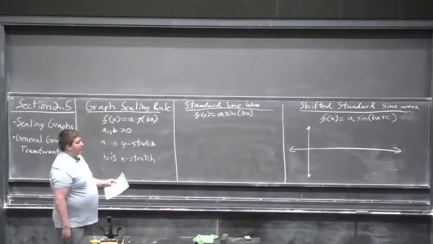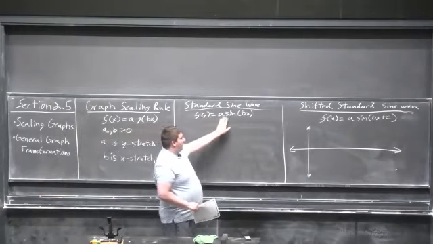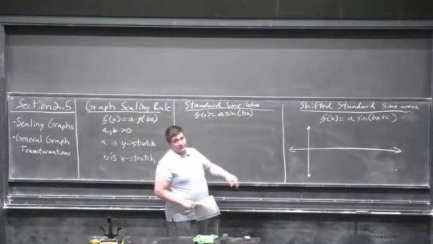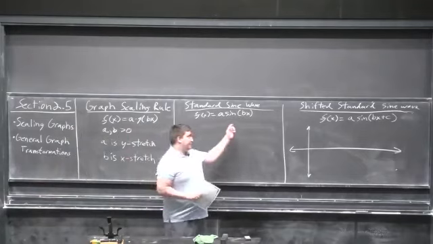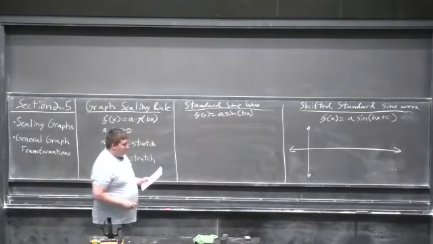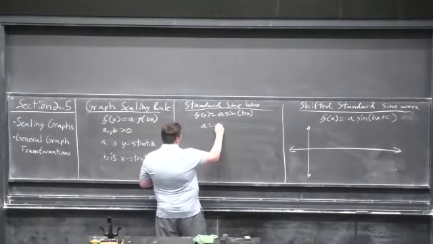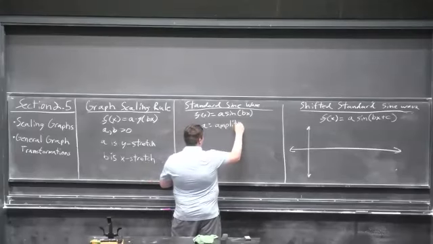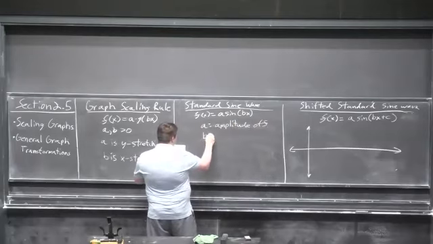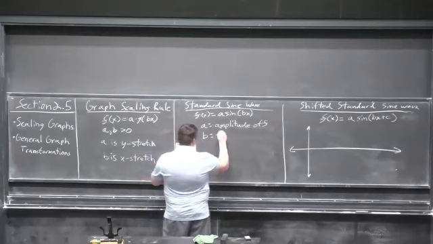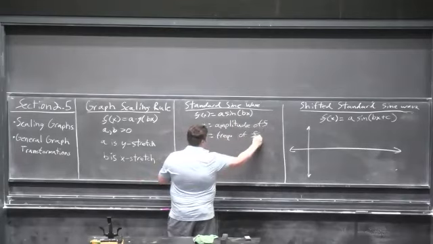So how does this reflect in a standard sine wave? Well, a standard sine wave is f of x equaling a times sine of bx. So in other words, our g function here we're defining as sine. Okay, well, we're going to define a as the amplitude of f and b as the frequency of f.